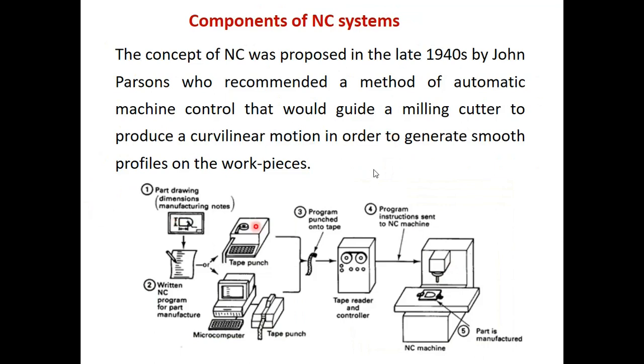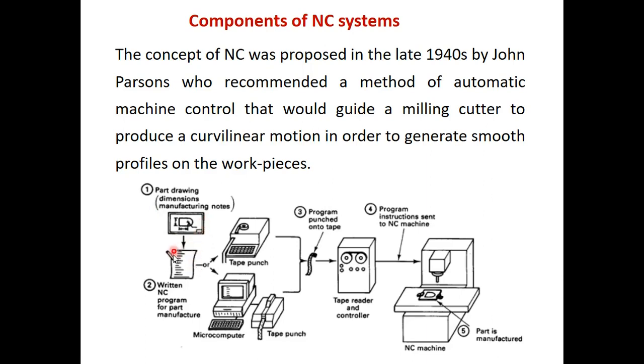So what are the main components of the machine? First, you can see the complete components of the NC system, that is, the numerical control system. First, the part is drawn as per the regular manufacturing process. Then you write the NC code for this.